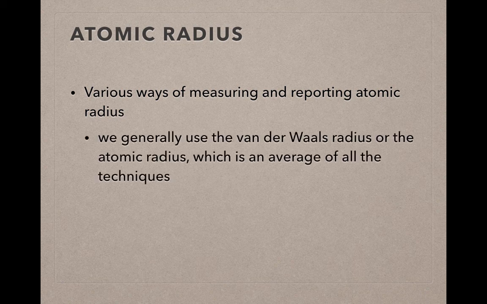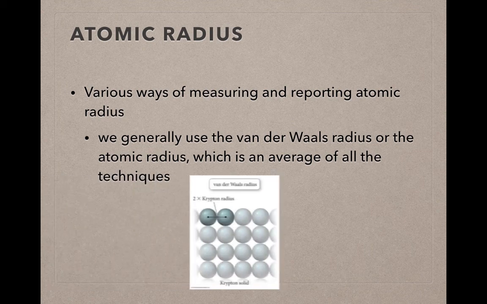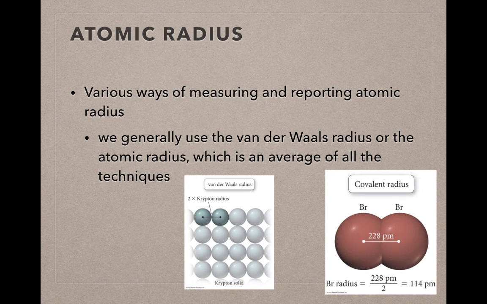A lot of times we use either the van der Waals radius or what we just call the atomic radius, which is an average of all the different techniques for measuring atomic radii. The van der Waals radius involves using solids primarily, so really what we're looking at is the distance between the nuclei of a couple of atoms, and by cutting that in half, you get the atomic radius.